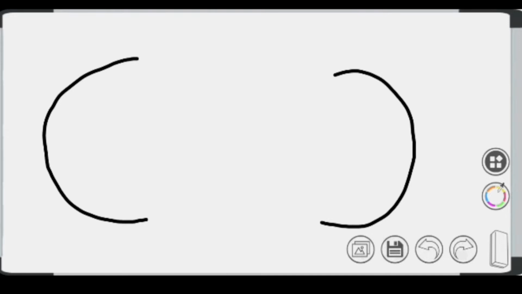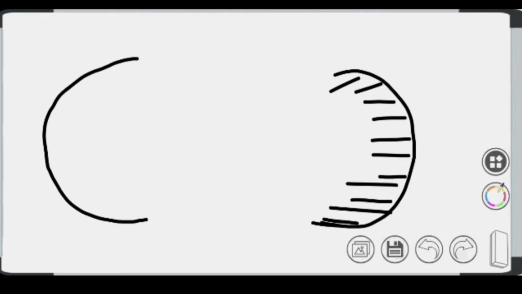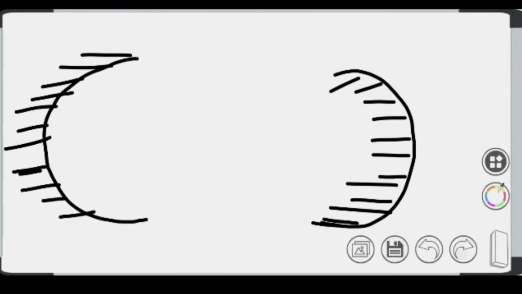Okay, so now we have got our curved mirrors. Let's draw the reflecting surfaces. So the middle point of the curved surface is known as the pole, the point I made.